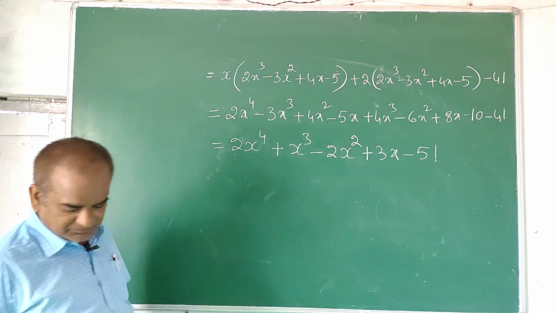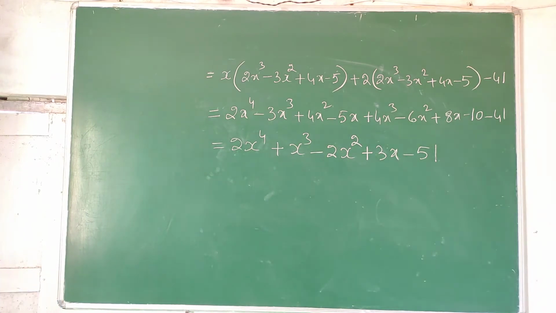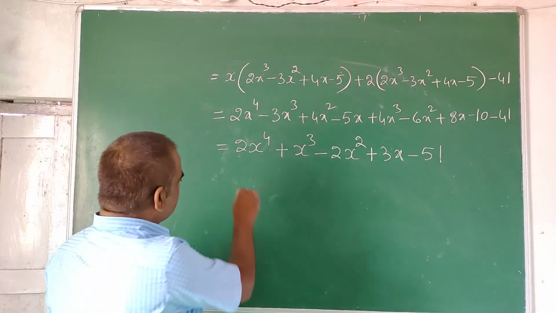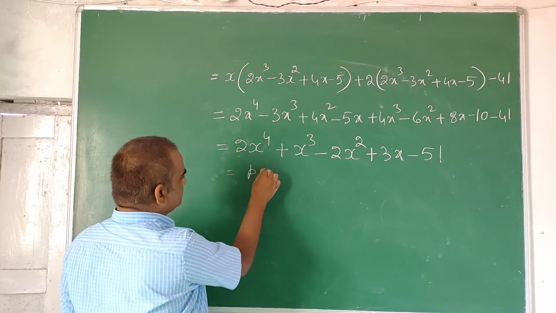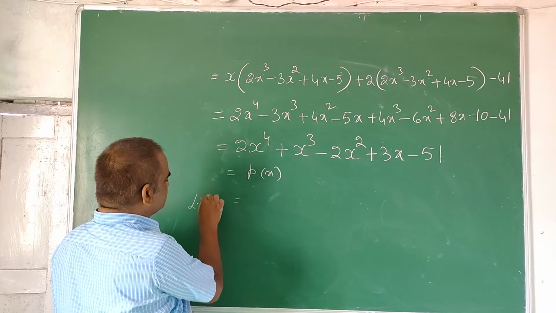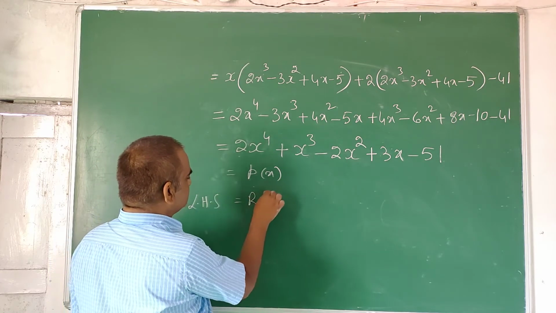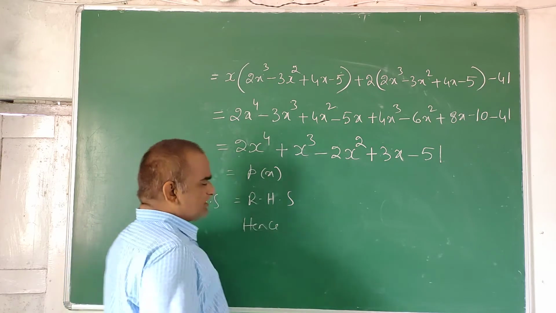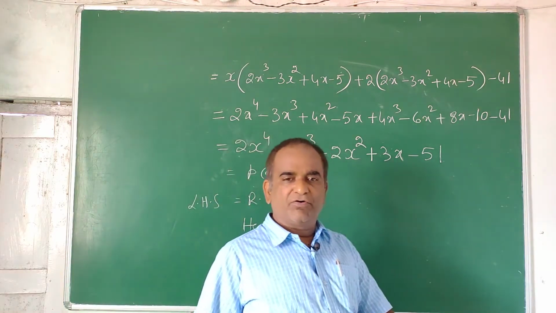Understood? So this is equal to P of x. Right? So we have proved that LHS is equal to RHS. Hence we have proved the division algorithm of polynomials.